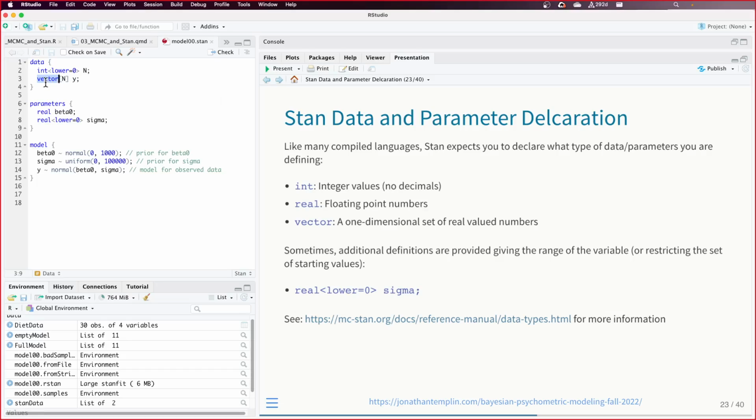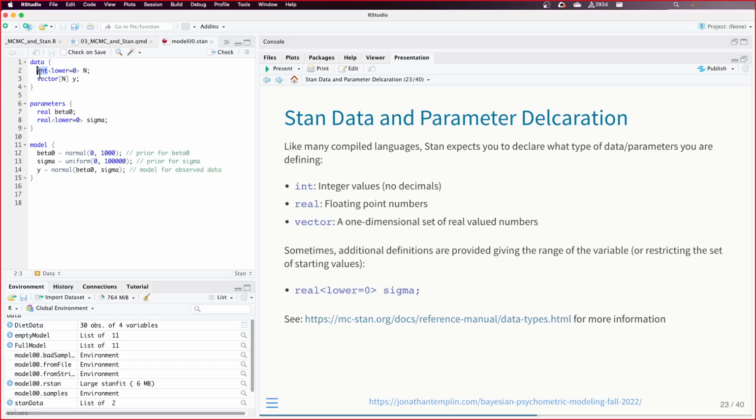Finally, if you only have one value, you don't need to put the word vector there. You just define the parameter as real. That real says it's a floating point. So beta 0 can take any number that's on the real number line, from negative infinity to positive infinity, including decimal fraction values. Whereas this N right here, if you give it 1.5, it's going to throw back an error saying, nope, that's not an integer.